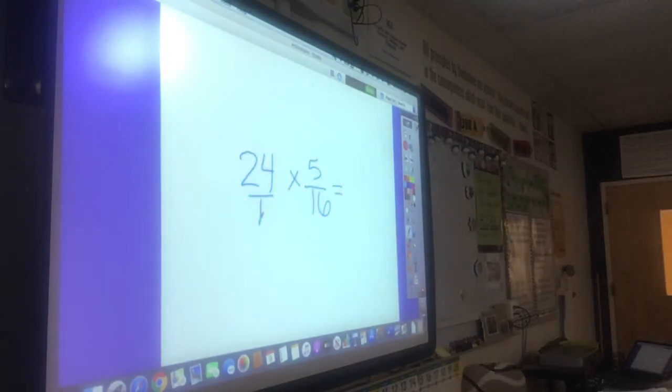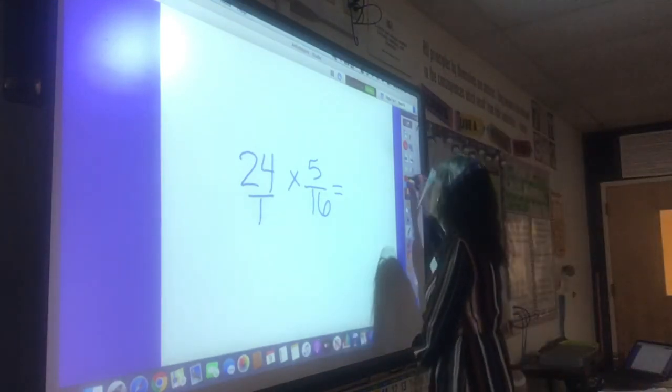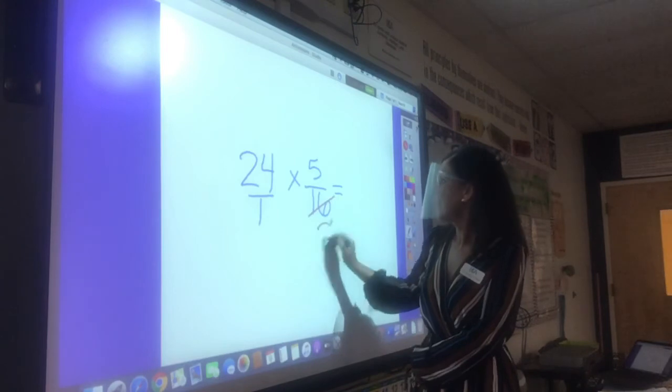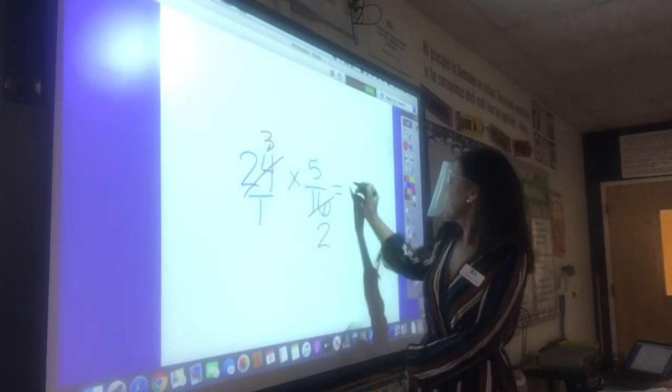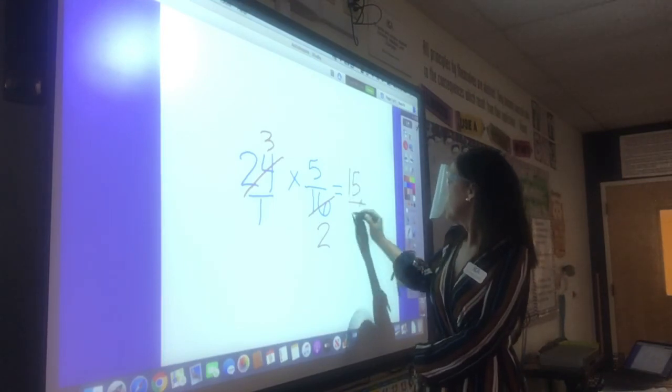And 24 and 16 have several things that go into both. But what would be the biggest number that would go into 16 and into 24? Harrison? 8. Okay, how many times is 8 going into 16, Harrison? 2. And how many times does it go into 24? 3. Okay, so we're going to get 15 over 2.